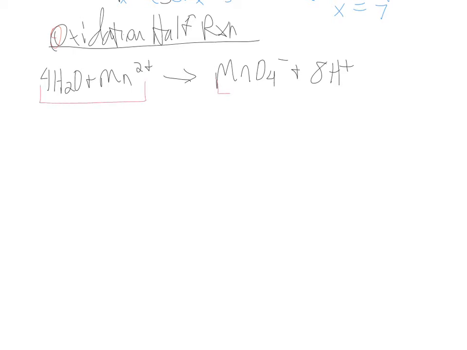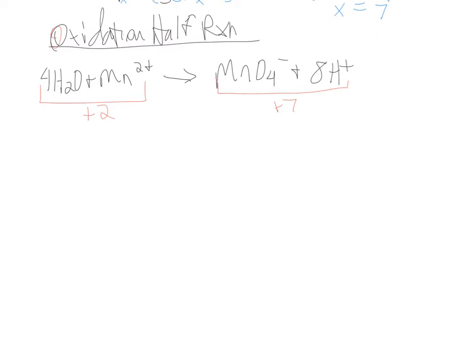Lastly, we balance charge using electrons. Let's do a charge counting. 4 species which are neutral, plus 1 species which is double positive, gives us a +2 charge overall on the left side. And on the right side we have 1 species that's single negative, plus 8 species that's single positive. Wow. That's +7 overall.